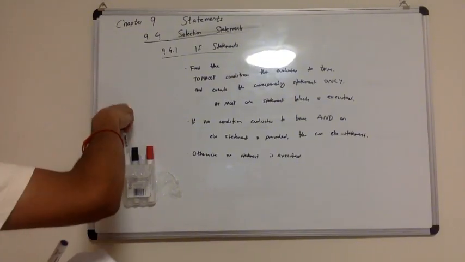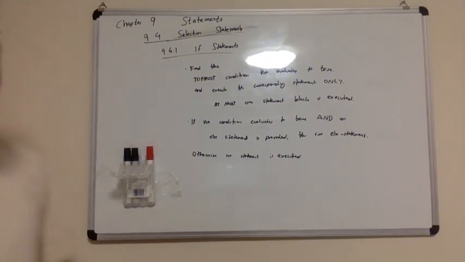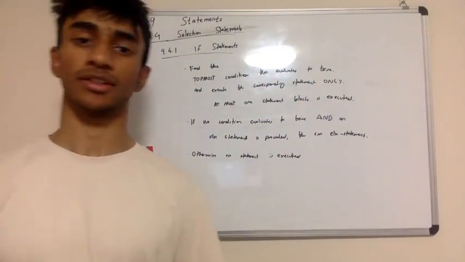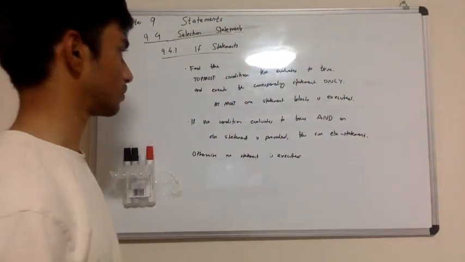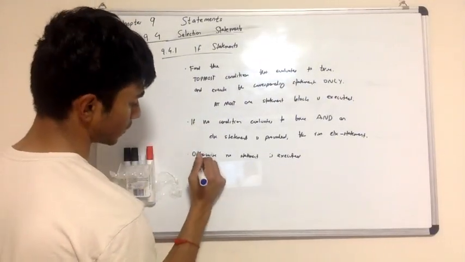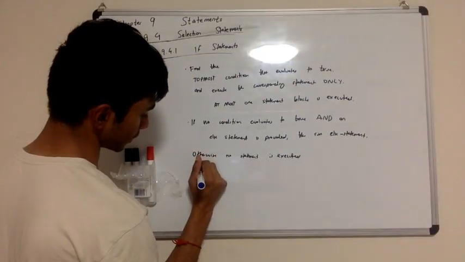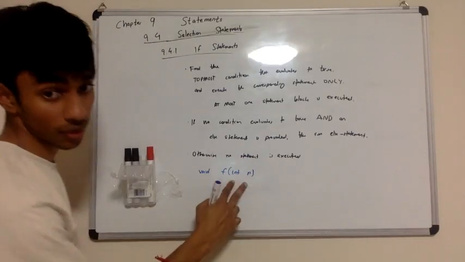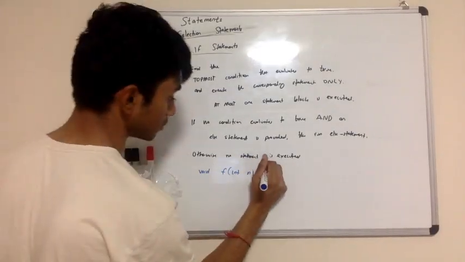So imagine we want to test if a number is divisible by 5 or 3. It's a very typical thing. So let's say we have some integer n that's passed into a function, so like void f(int n).